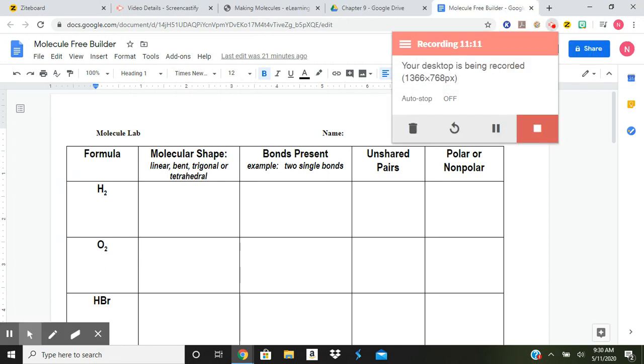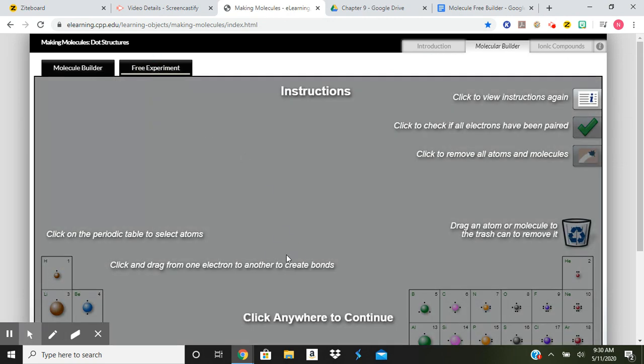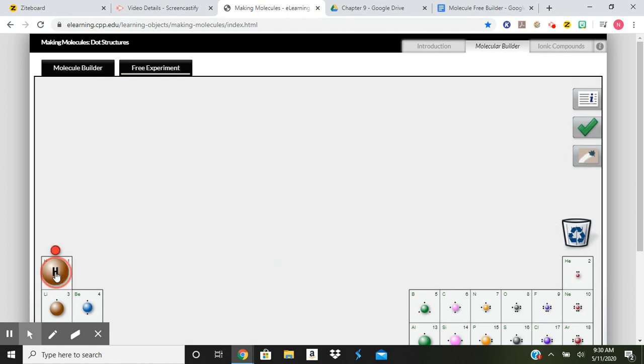Okay, so you're going to go to the assignment, the H2, and then you're going to click on the Making Molecules site. All right, so what you would do is you're going to go to Free Experiment, and you're going to drag out what you need. So we have H2. So you're going to take an H, and it says H2, so you're going to drag another H. You're going to build it just like you did on Friday by connecting the valence electrons.